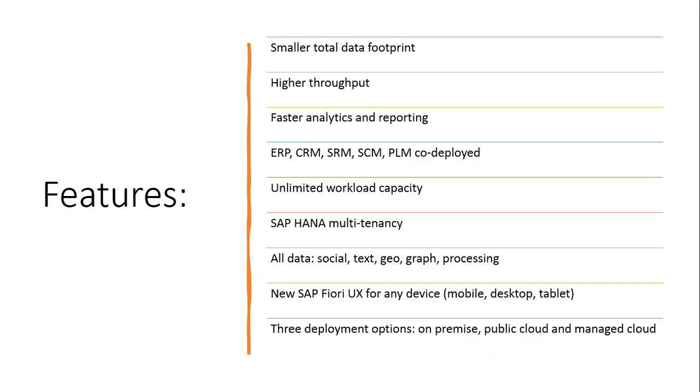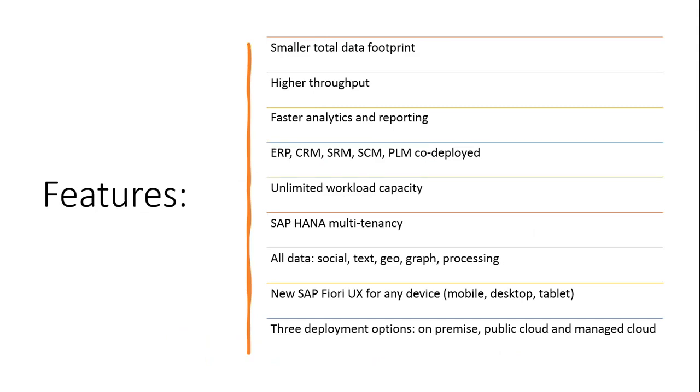Of course, some of the features that the S4 HANA system has introduced that are not in the ECC. We have a smaller total data footprint as a result of the termination of a lot of tables. We have higher throughput. It's lighter, it's smarter, it's simpler. Of course, fast analytics and reporting.